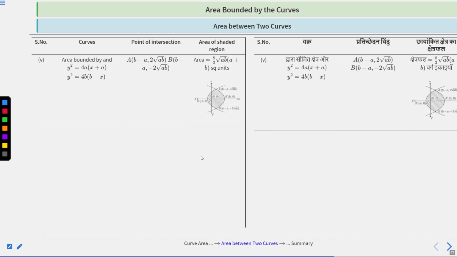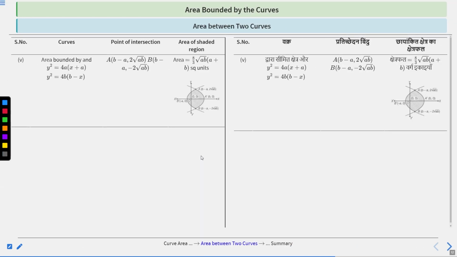Let's move to the next area between the curves. The area bounded by the curve y square equal to 4a(x plus a) and y square equal to 4b(b minus x). See, this curve y square equal to 4a(x plus a) and this curve y square equal to 4b(b minus x).